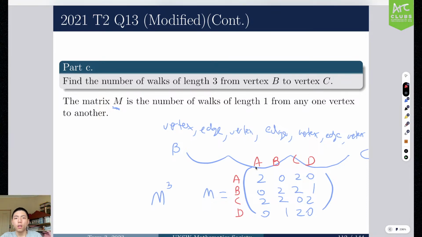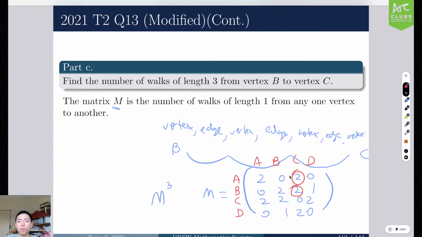So let's say we wanted to go from A to C. Then there would be 2 ways to go from A to C, and that would just be the number of walks of length 1 from A to C. If we were interested in B to C of walk length 1, there would be 2 ways to go from B to C.